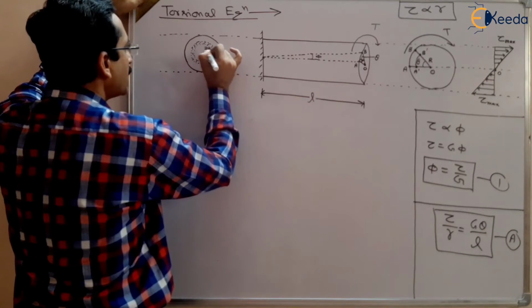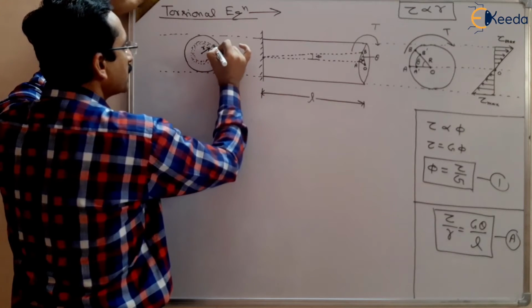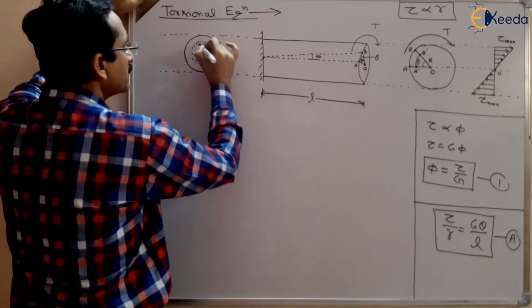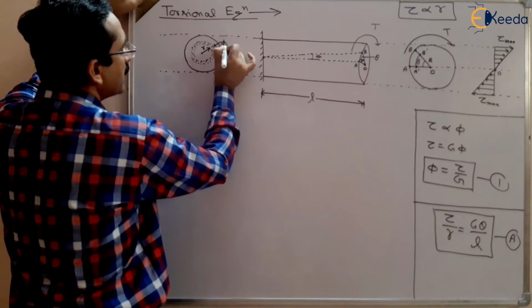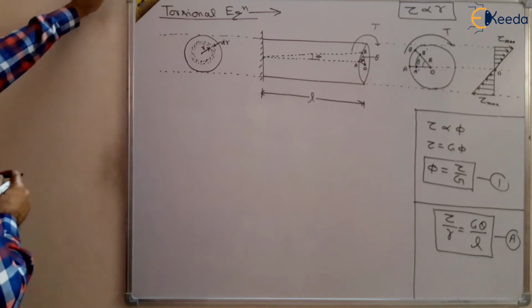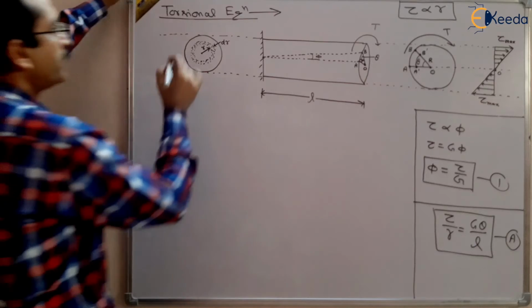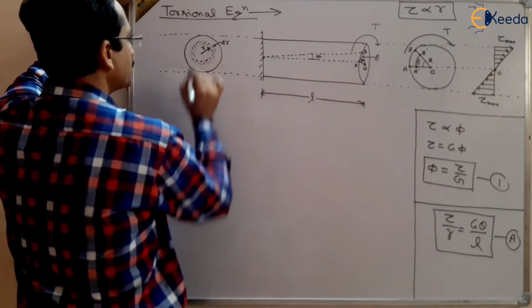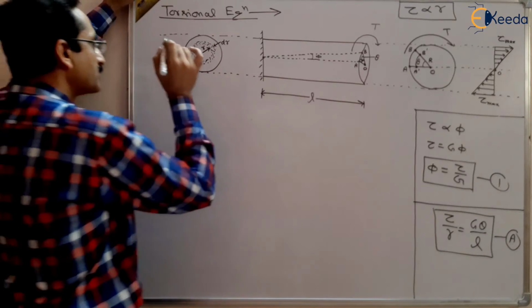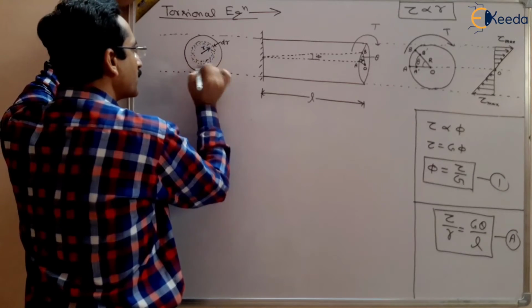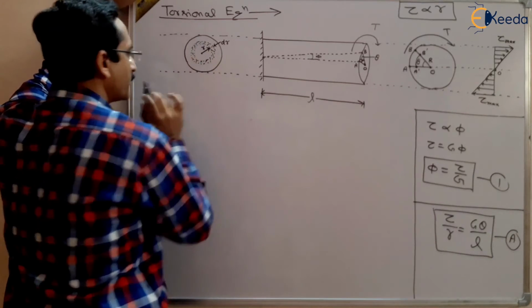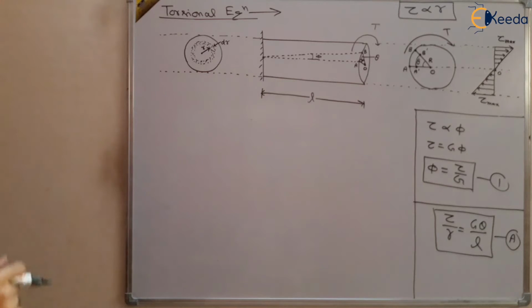So at a radius r, we are taking a thin ring of thickness dr. And what is the force acting on this small ring, and what is the shear stress acting on it due to that force? We want to find that, right?